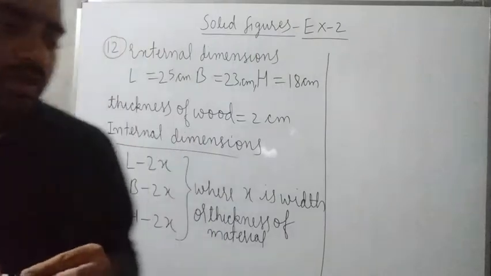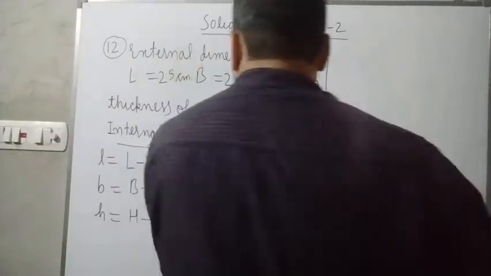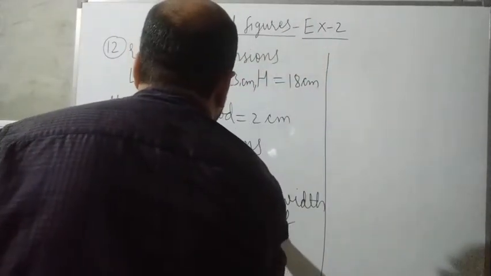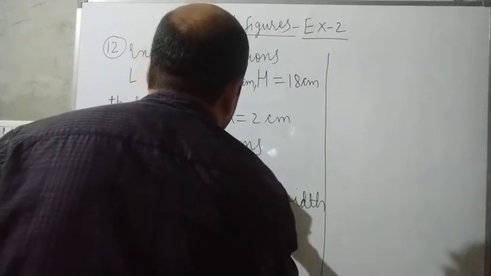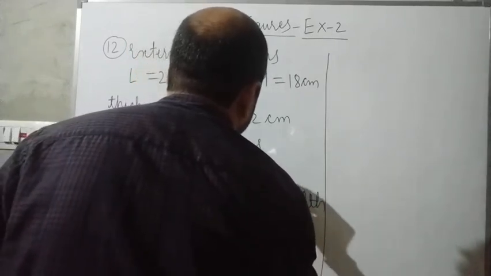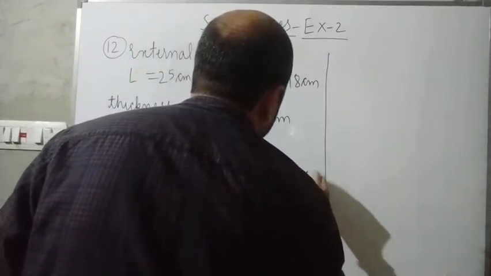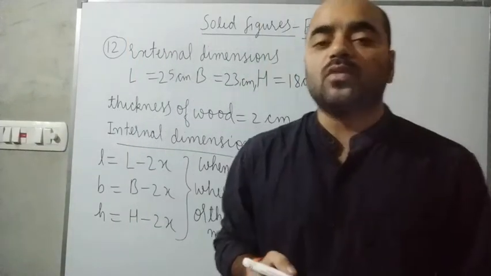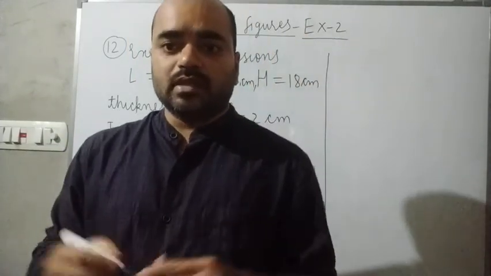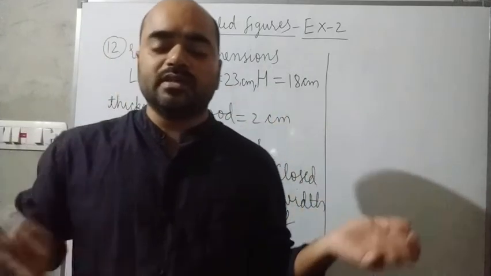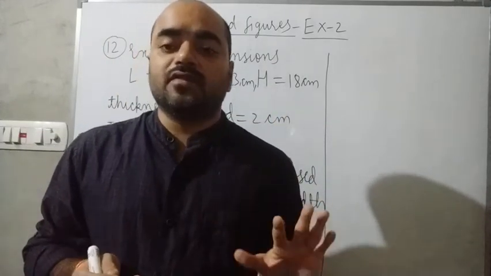Correct? Now, this is the condition when the box is closed. It means when a closed box is given, like this room, it is closed from everywhere. It means it has all the 6 faces.